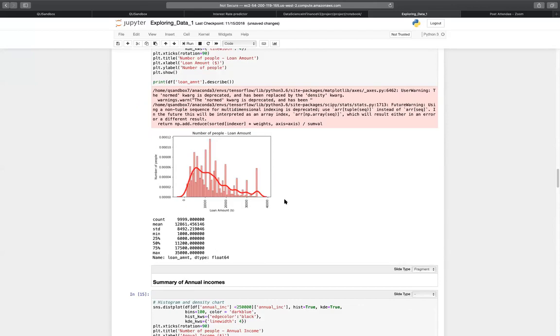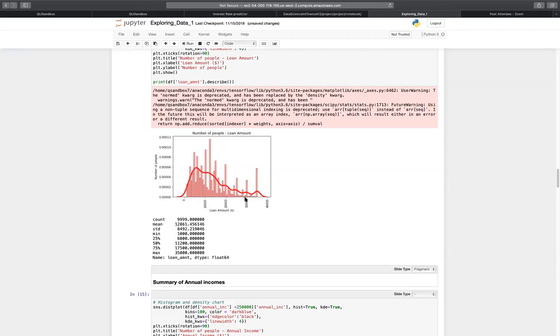Because for example, if I am giving a loan and I figure out that the loan amounts could be anywhere from very close to 0 to close to 40,000, as an investor, I have to think, well, what kind of returns can I expect and what kind of loan amounts do I potentially need to make? And then maybe my risk appetite would tell me that I will only loan amounts from $0 to $5,000.